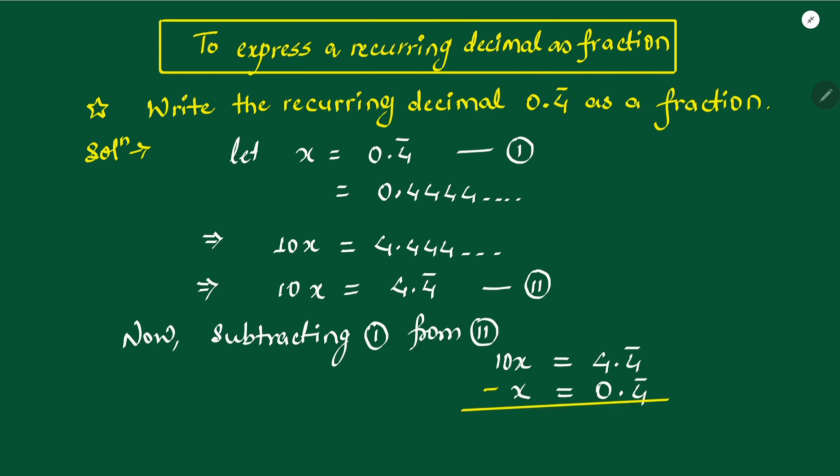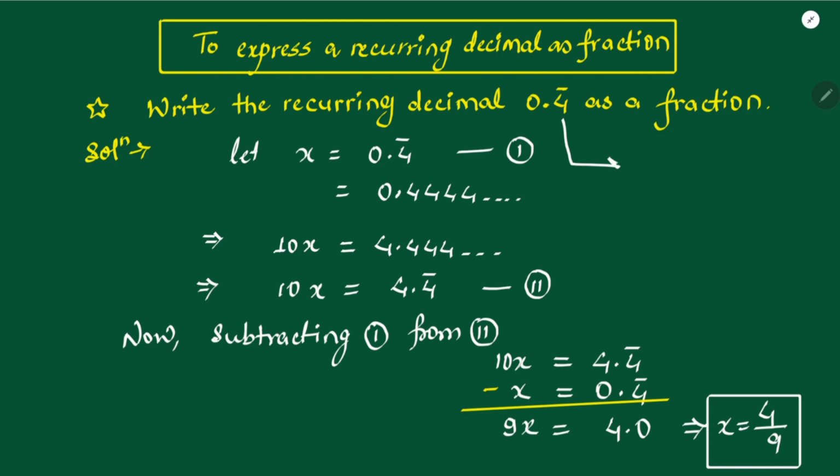So 10x minus x is 9x, equal to 4.0. Here I can write x is equal to 4 divided by 9. So this is our answer. So 0.4 bar can be written as 4 divided by 9.